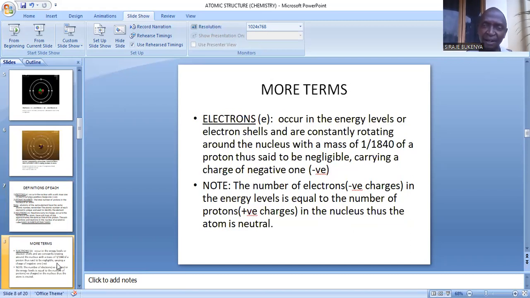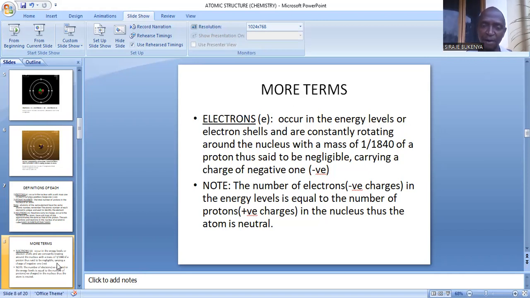Electrons occur in the energy levels or in the electron shells, and they're constantly rotating, as we saw in the figure that I just put on the screen previously. The mass is about 1 out of 1,840 of the proton, and that is a little bit negligible, but they carry a negative charge.